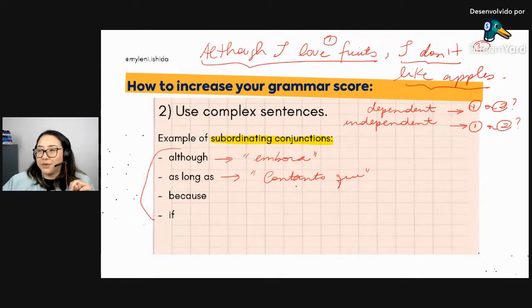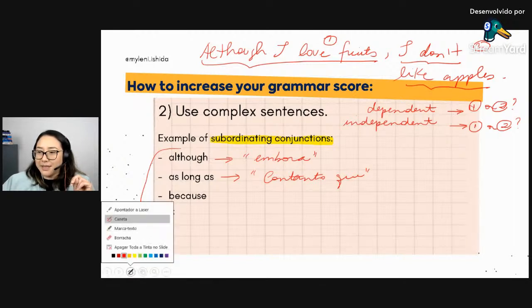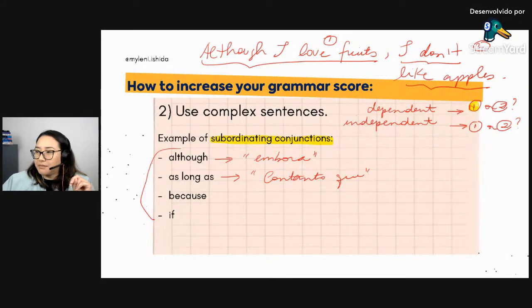Although I love fruits, I don't like apples. Well done. The dependent part is the part with the word although, number 1. So here the dependent is number 1. Good job. The independent part is number 2.